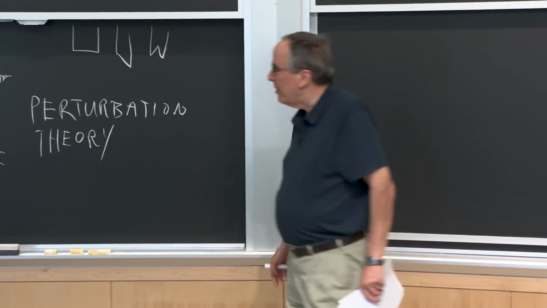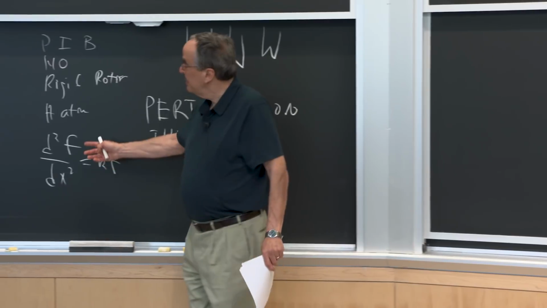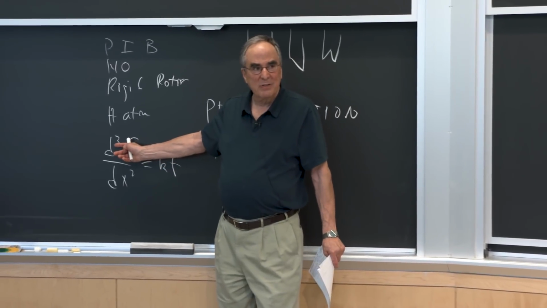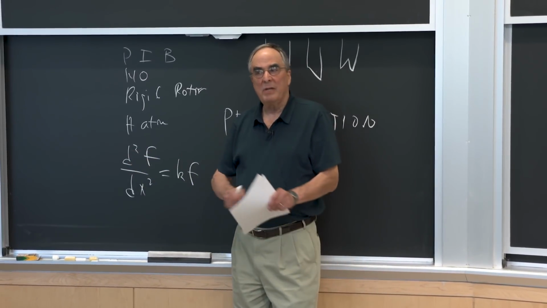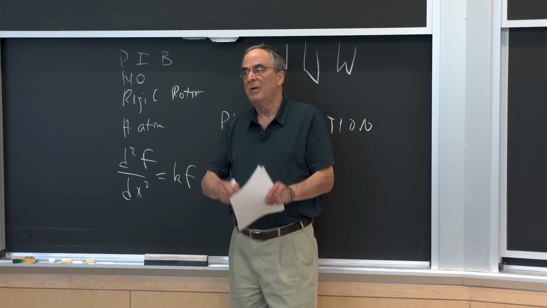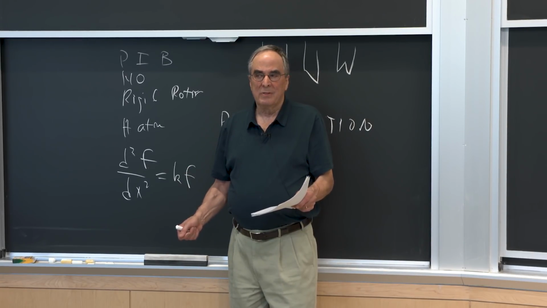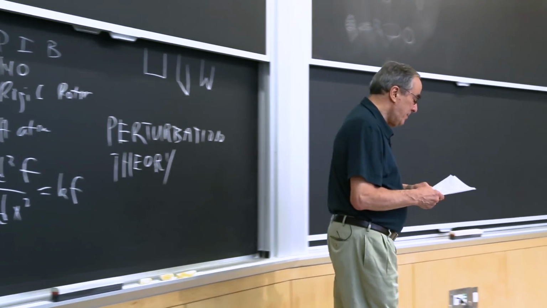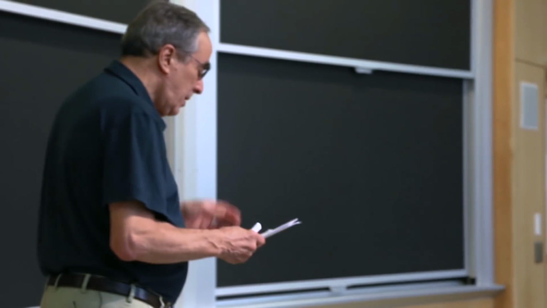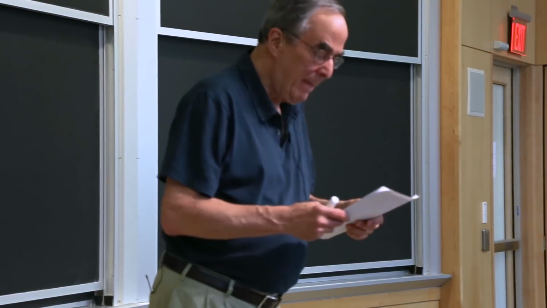But now one of the important things is this is a second order differential equation. And that means that there are going to be two linearly independent solutions. And you need to know both of them. I'll talk about this some more later.